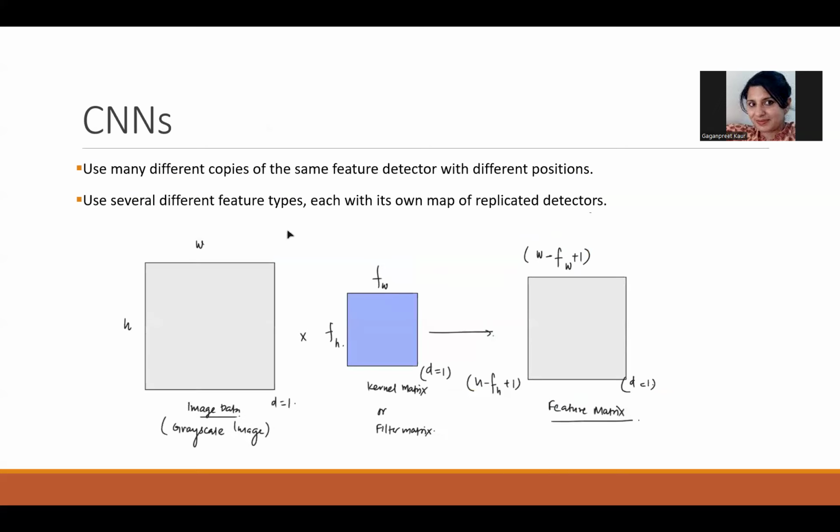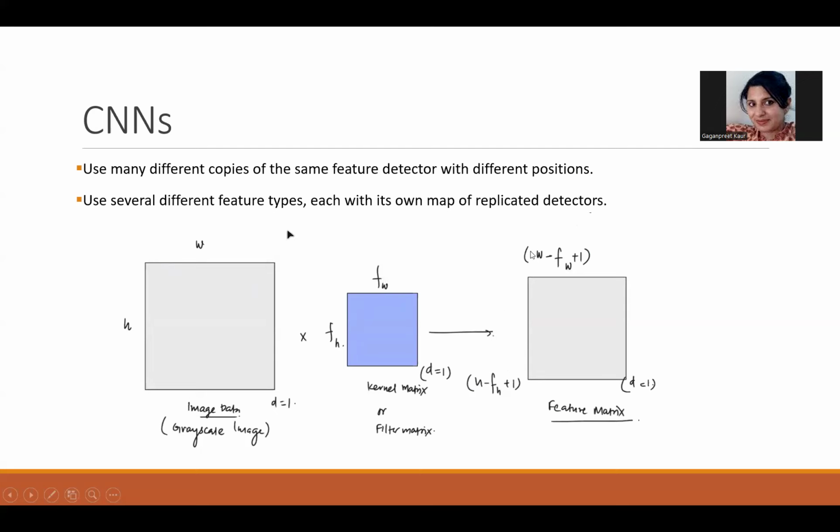So if this is my input image and this is my filter, the dimensions of my input image are h cross w, that is, height is h and width is w, and my kernel matrix has fh as the height and fw as the width.